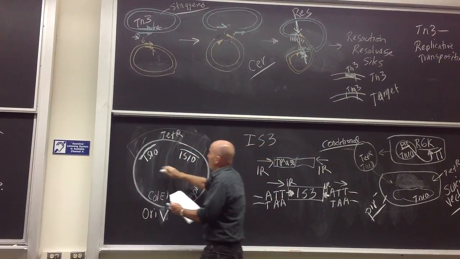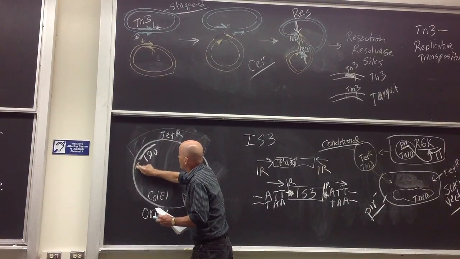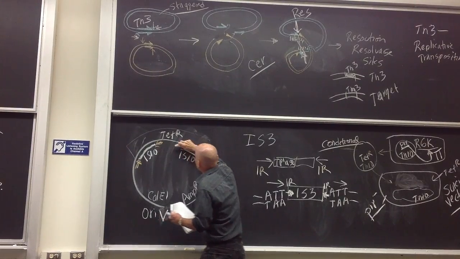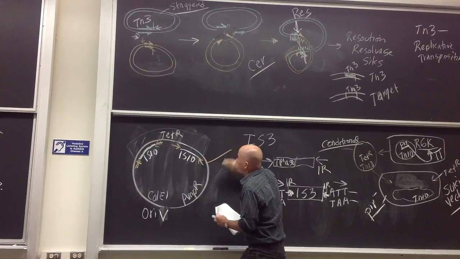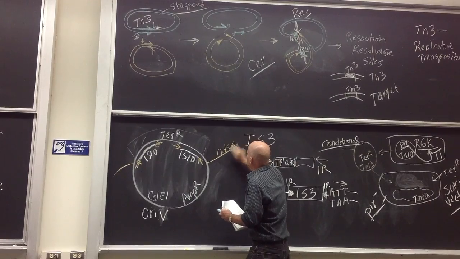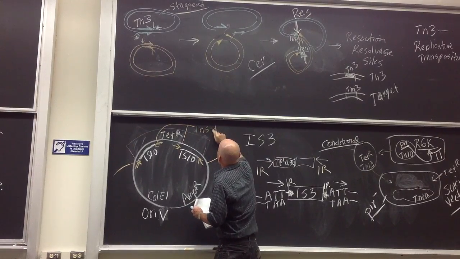And now remember, this IS10 has inverted repeats. Here, here, here, here. We're going to call these guys the outside IRs. And we're going to call these guys the inside.